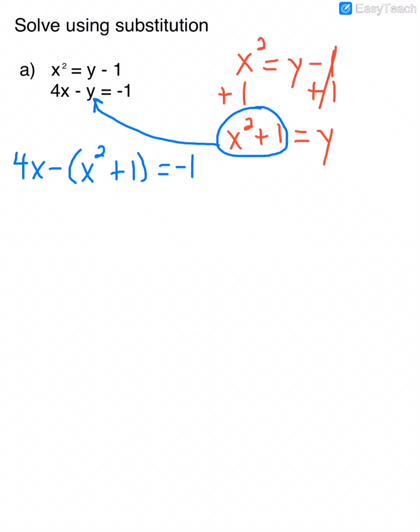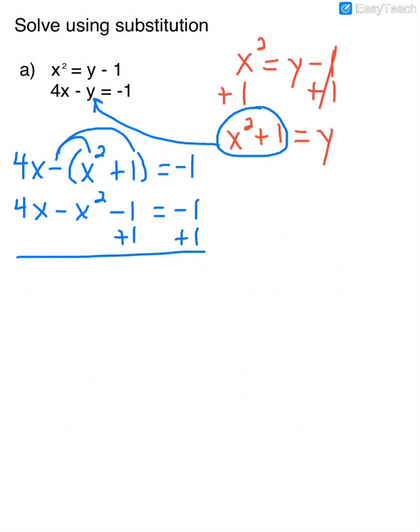That gives me 4x minus x squared minus 1 equals negative 1. Then I'm going to move everything over to one side by adding 1 to both sides. The 1's cancel out, so I have 4x minus x squared equals 0.